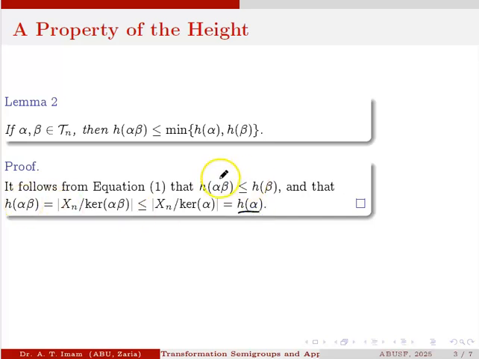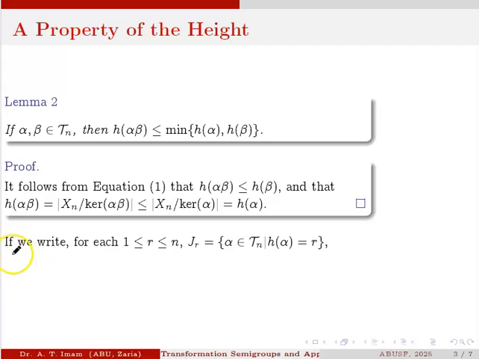So in both situations, one sees that the height of the product is less than or equal to the height of any one of the factors. And so we have the claim of the lemma: the height of a product is always less than or equal to the minimum of the heights of each one of the factors.